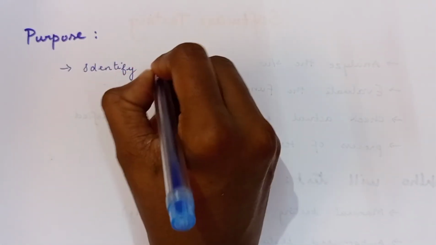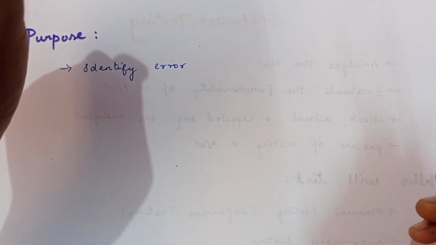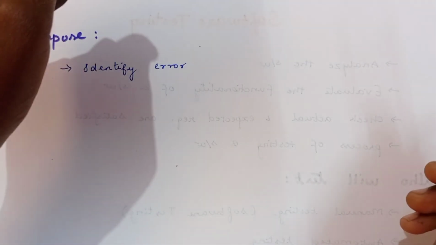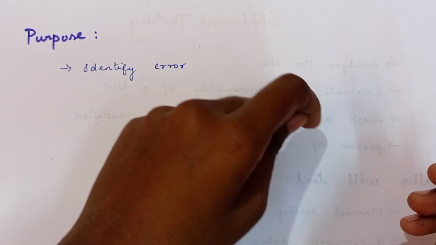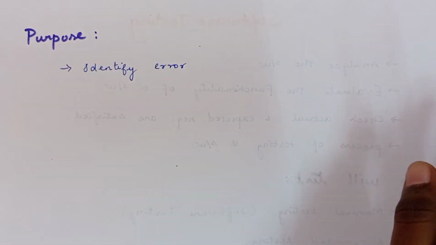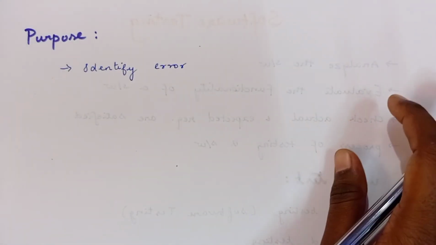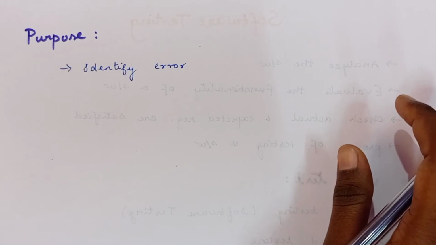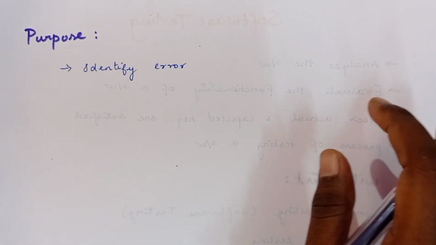For example, assume that you are going to cook food. If you forget to taste the food, what will happen? Just assume that you forgot to add salt, and you forgot to taste the food before serving it.